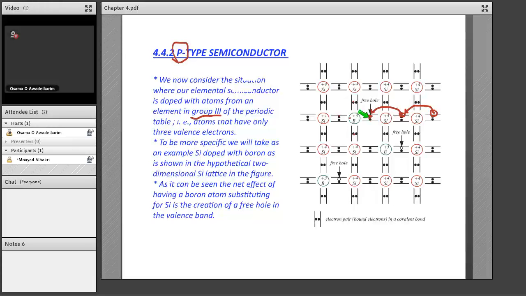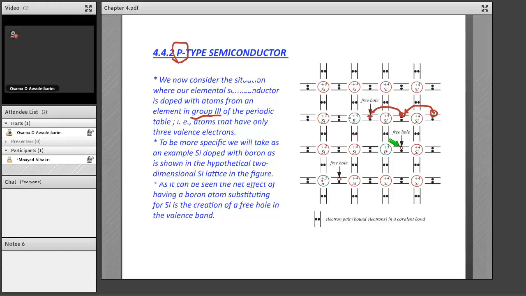Boron is an acceptor, and this other boron is an acceptor, it gives us a free hole. So we have more and more free holes equal to the number of acceptor or boron atoms that we add. So now we have predominantly positive charge, which are the holes that are conducting.